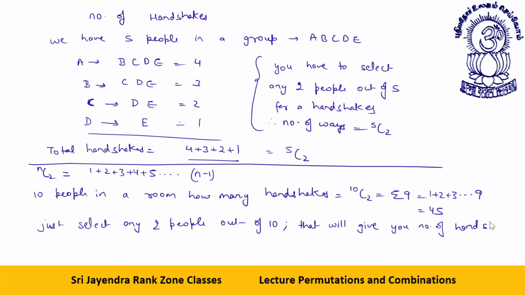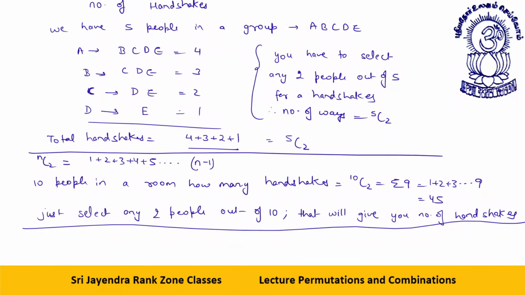The moment you select two people, you get a handshake. So how many times can you select two people out of 10 people? That is 10C2. I hope this concept is clear to everyone.